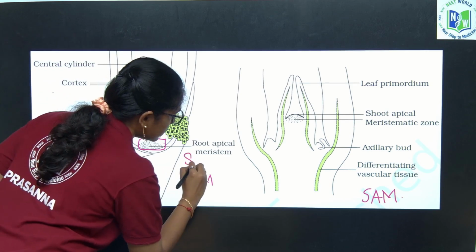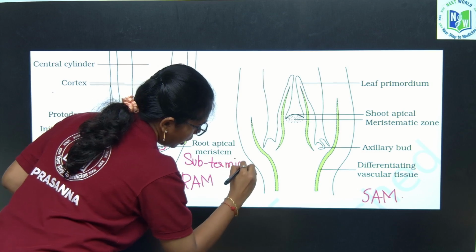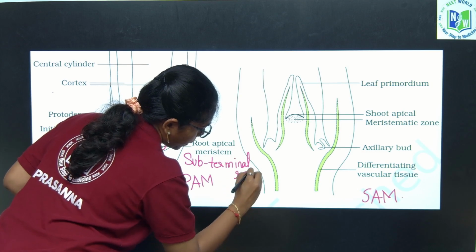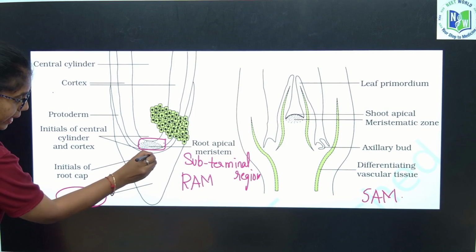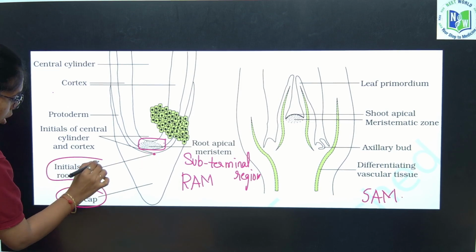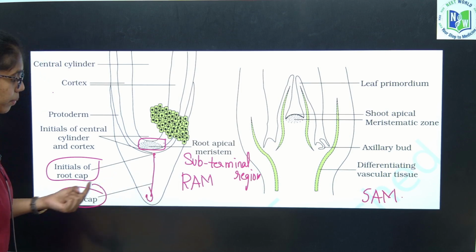It is in the subterminal region. What is at the terminal region? Root cap, which is formed from the initials of the root cap. Root cap is at the terminal position.